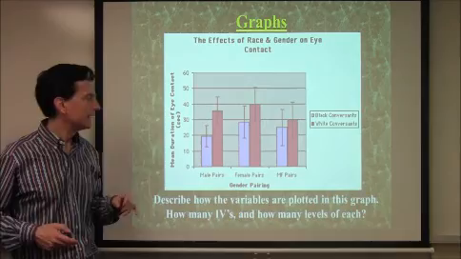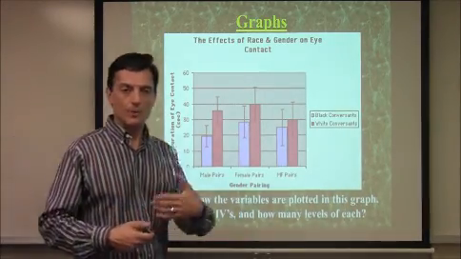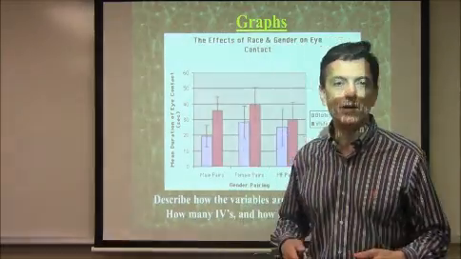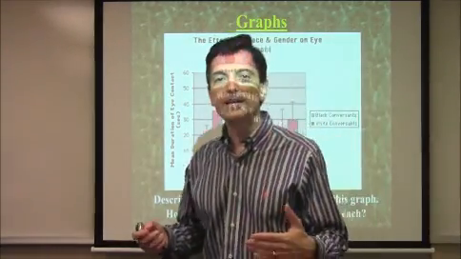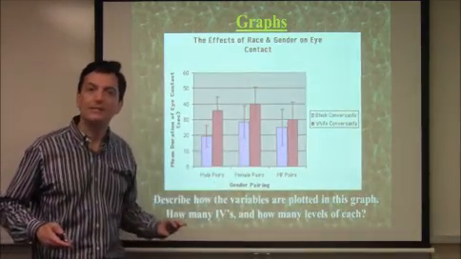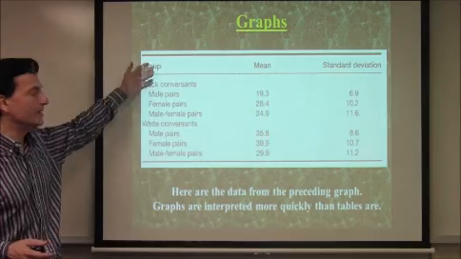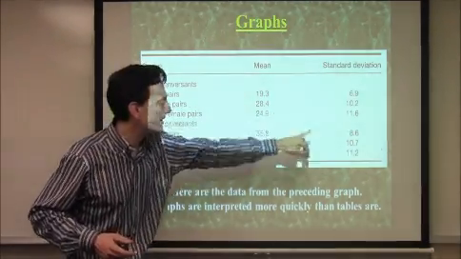Okay? Now what's interesting about graphs is that graphs usually convey quite readily to your audience what's going on in your data set. It's a very nice way of describing the data set, and that's what we're doing in our descriptive statistics. There's another way of showing the same data, and you can do it in tabular form or table form. And here is the same data set shown now just by way of table.